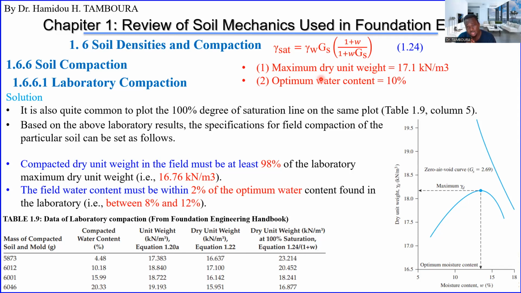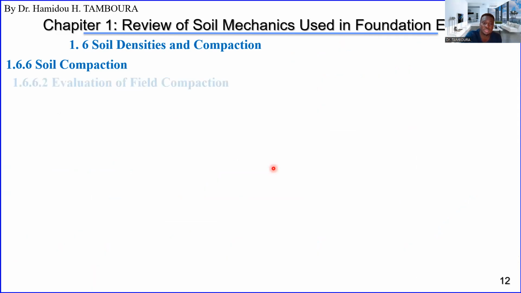So if you do that, how will you know if this percentage is respected? This is another issue. So there are methods, there are ways to check if the compaction is right, if the percentage is good. Okay, so that's why we will talk here about evaluation of field compaction. This is how quality control is done for the compaction.